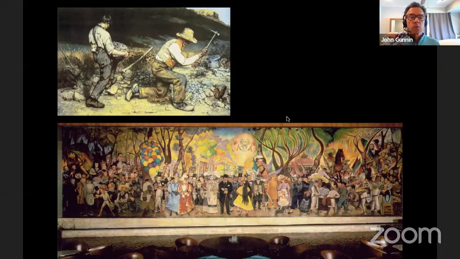And this work is an incredible history of Mexico. And Diego Rivera took up the flag of social justice, just like Courbet cared about the poor, the advancement of people in life.